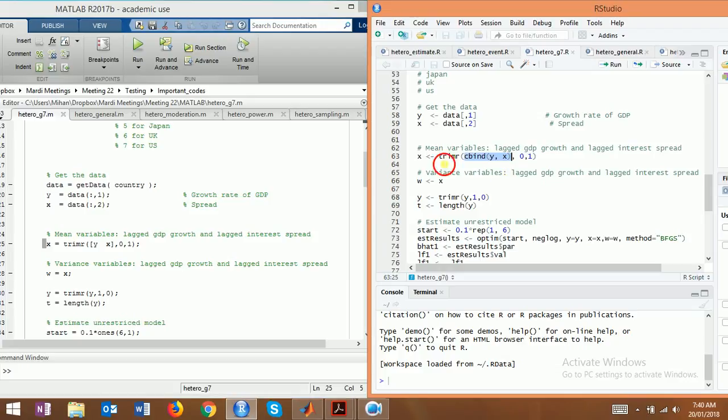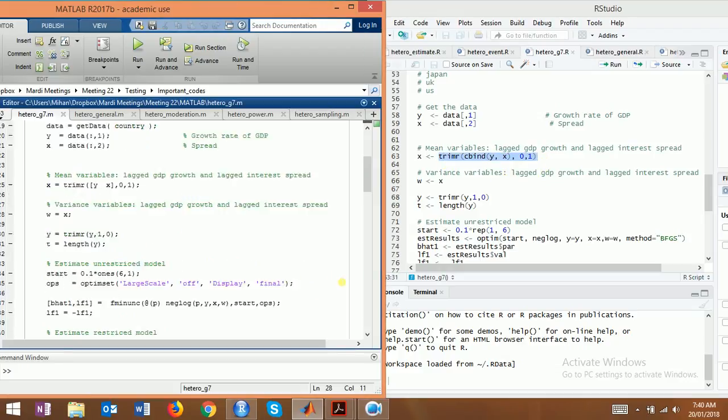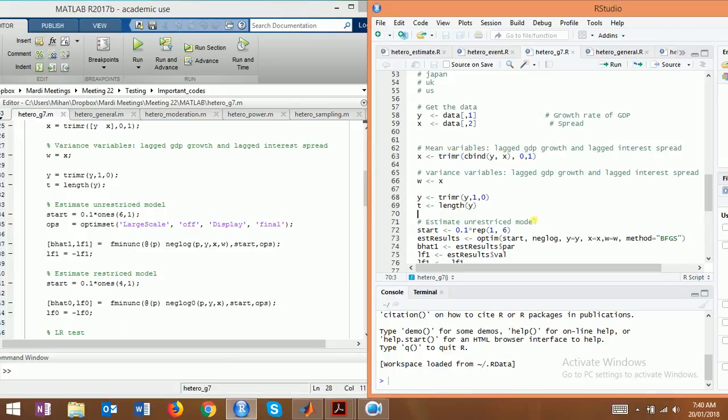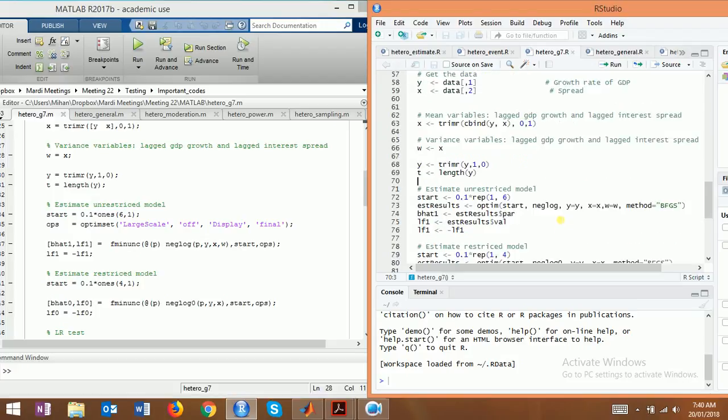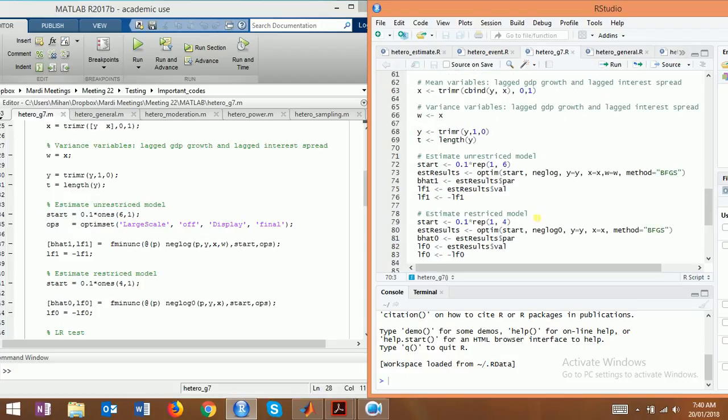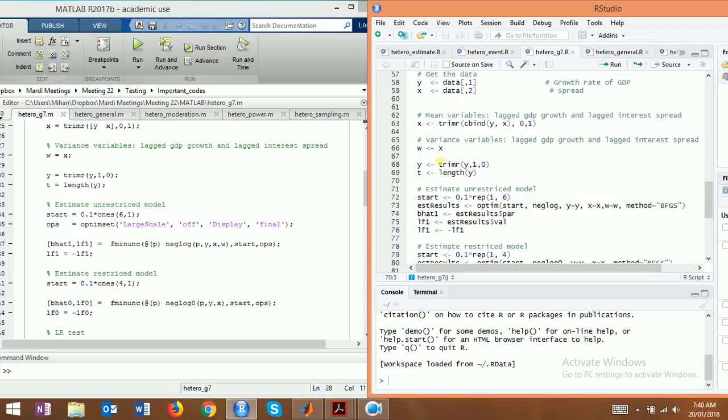Then trimmer is a MATLAB function, 0 1. So variance variable W is X, right? That's why we took all the elements of W for first, because we represent X with W, right?